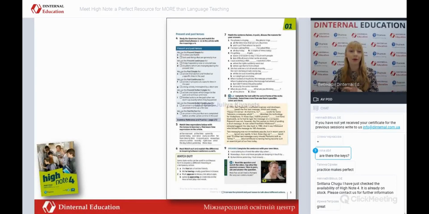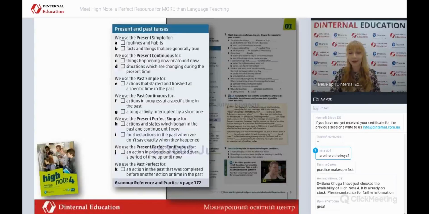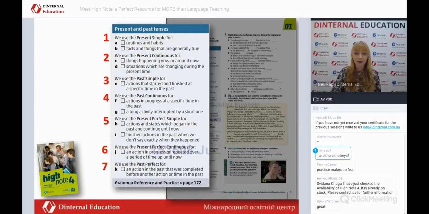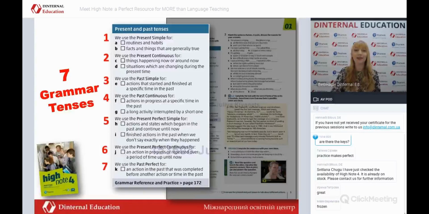And this is our grammar page. So here are all the grammar exercises. And these are the rules. And if you look attentively, if you quickly count, there are 7 different grammar tenses here in this lesson. Okay, so you can immediately understand this is not an input per se, right? It's revision.